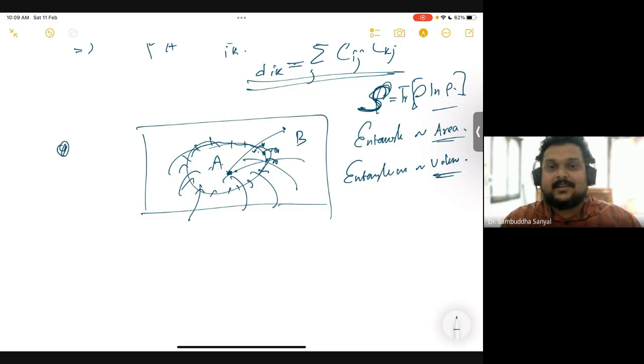Generally it's not always easy to split a system into two parts; there is no well-defined, nice way to do that. Then it becomes a problem: how do I define entanglement, how do I calculate it, how do I figure out its area law, volume law, and so on? These are all the cool things.